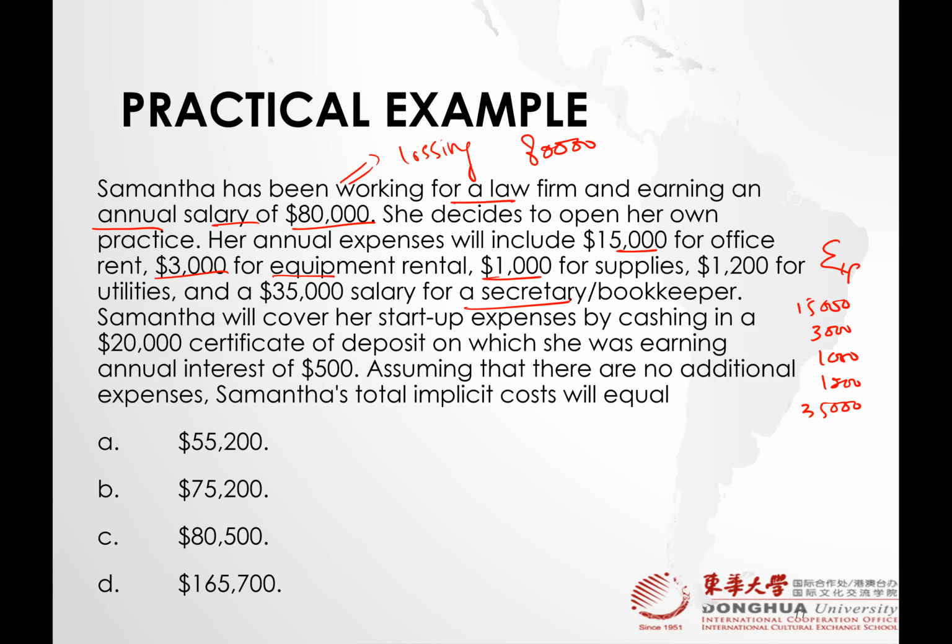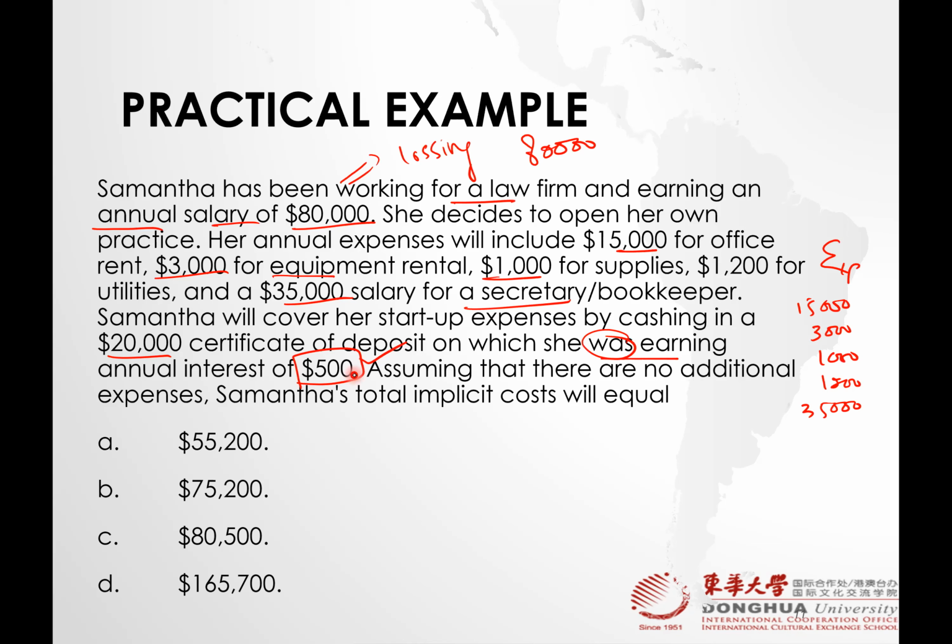Salary for a secretary and or bookkeeper, right? Then Samantha will cover her startup expenses by cashing a 20,000 certificate of deposit, which she was earning a 500 interest. So if she cashed out, she will lose this earning, right?